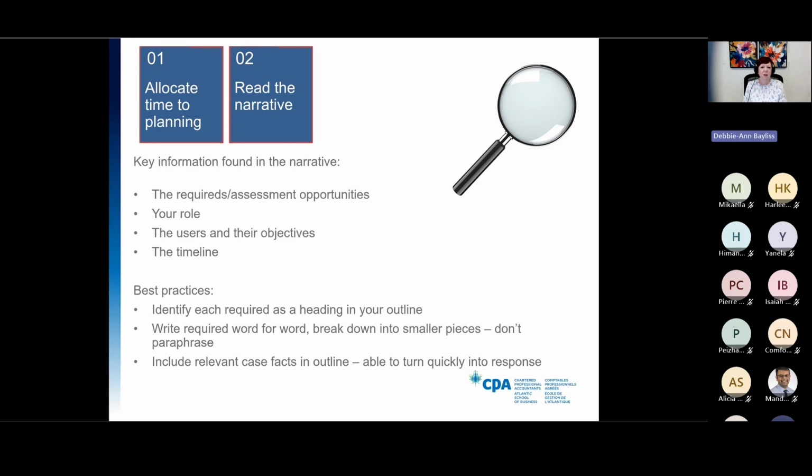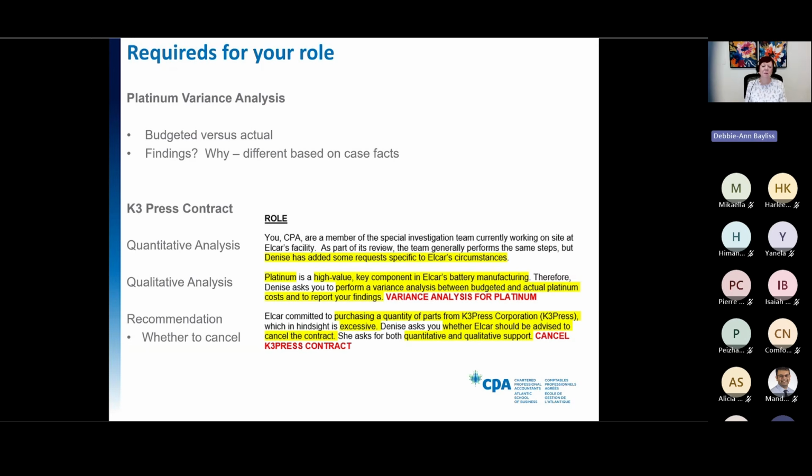I've worked with candidates who are writing for the third time, and I've seen that when they wrote down the required, they paraphrased it and they missed key things that they were asked to do. Include those relevant case facts in your outline, again, so you could quickly turn it into a response.